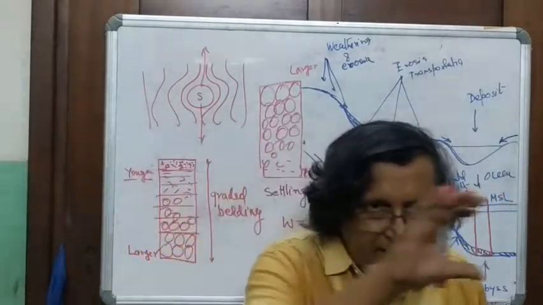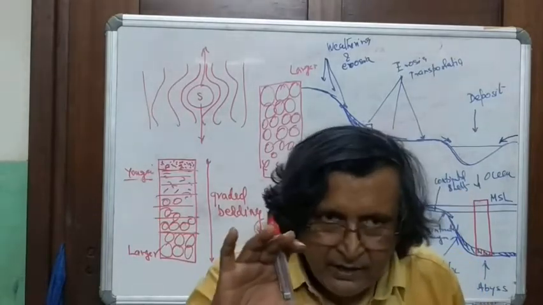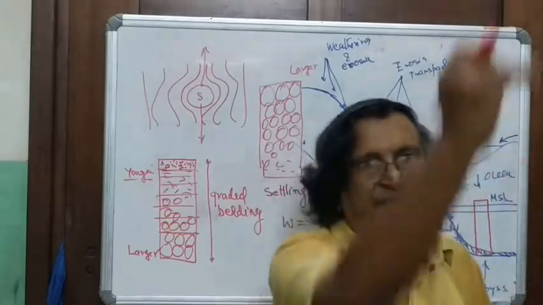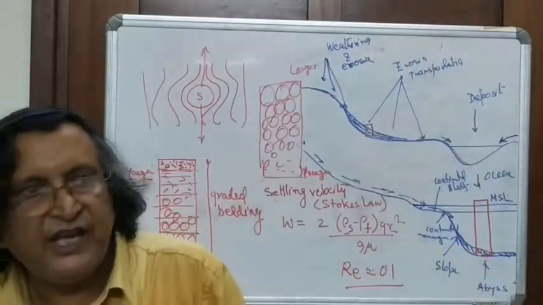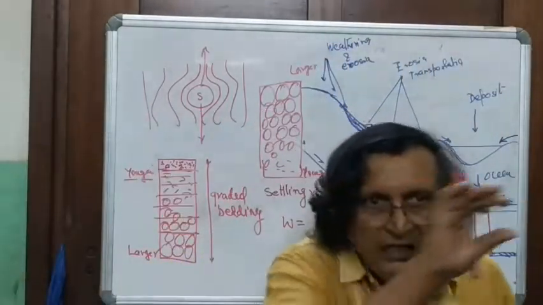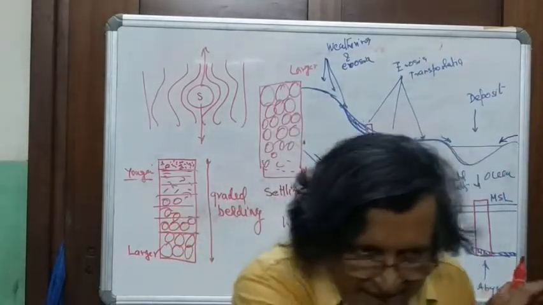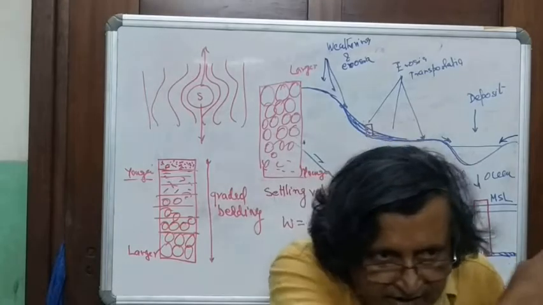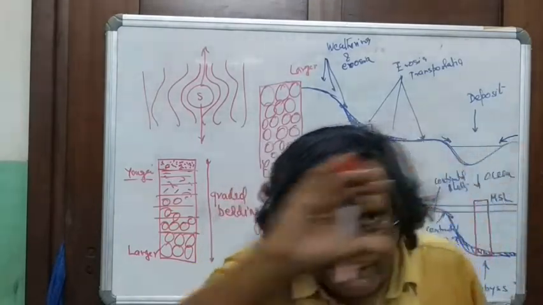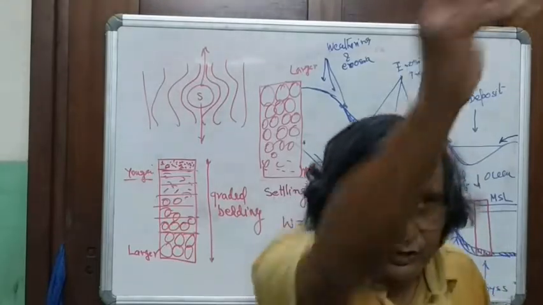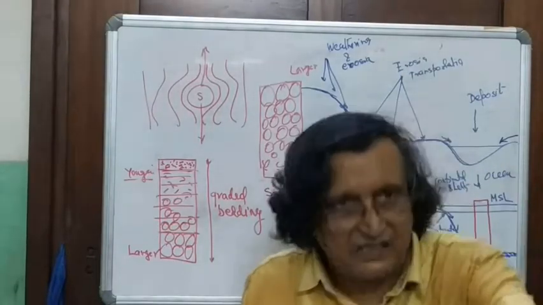The sediment will now become layered as per the density of the particles. So there will be a mineral segregation as a part of the bedding plane. One layer of one mineral, another layer of another mineral, but the density should decrease from bottom to top if all the sizes are the same.